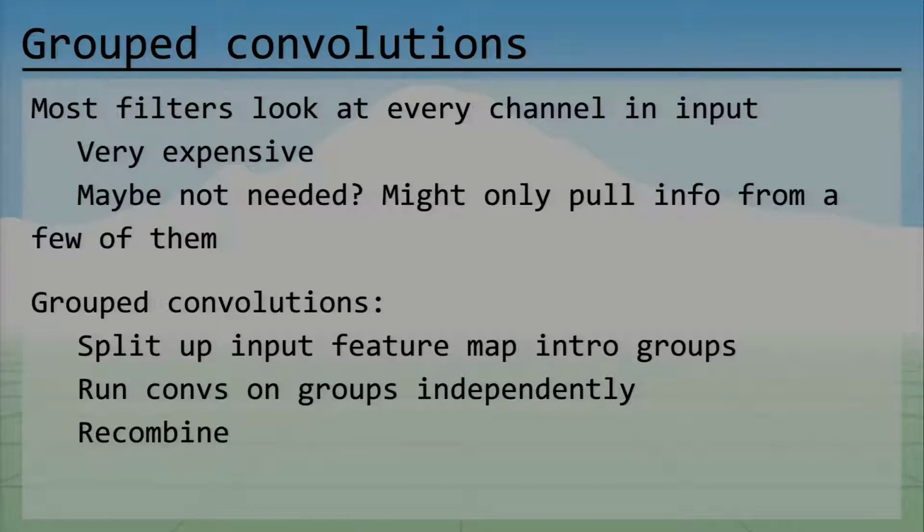So we're going to do these group convolutions where, instead of having every filter look at every channel in the input feature map, we're going to split the feature map into groups, and run a convolution over just this subset of channels. So you're still running it over the whole space of the feature map, but just on a few of the channels.